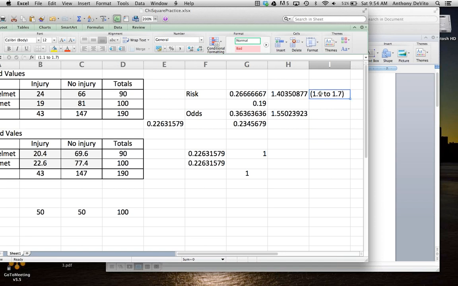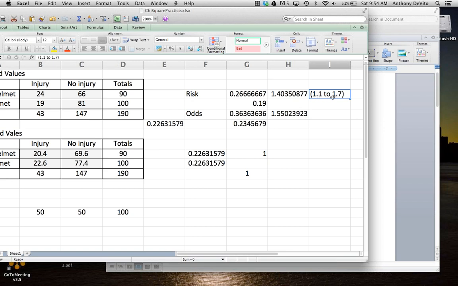Now, what we're trying to prove is that the risk in the real world is different than we would have predicted if there was no difference in risk. No difference in risk is 1. So we want to be 95% certain that our result is different from 1. If 1 is within this range, we can't say with 95% certainty that the real value for 1.4 is different than 1, because we're not 95% sure that it can't be 1.